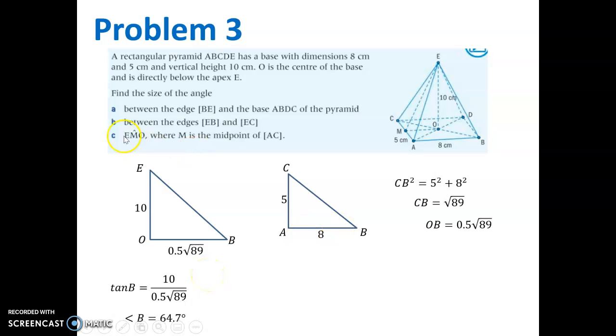Now let's keep going. Question B says, find the angle between the edges EB and EC. So where is that on here? Here's the edge EB, the same one we were just looking at. And EC is here. Okay, so you have one edge here, one edge here. So you're basically looking for that angle on top there. And the triangle we're talking about is this big triangle that sits diagonally across the whole pyramid.